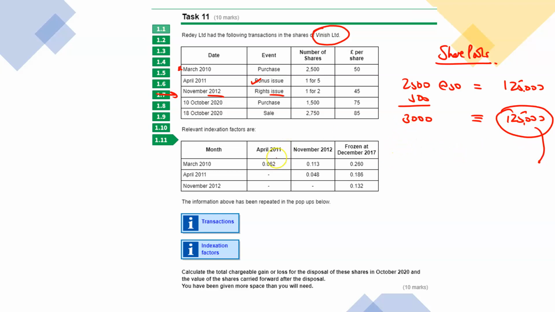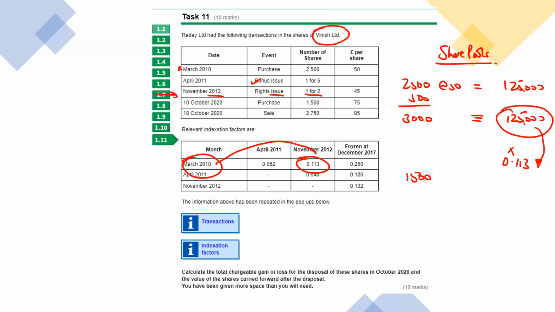So we will look at the situation between March 2010 and November, and it's 0.113. So we will now work out what that inflation is, times 0.113, and bring that up, as well as respect the fact that there has been this rights issue, which is 1 for 2.